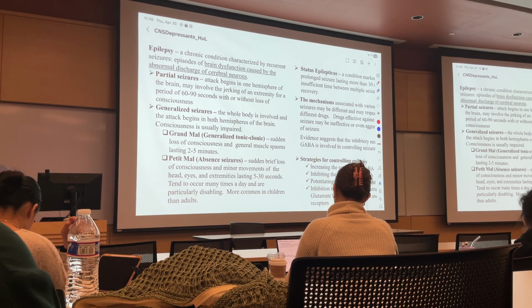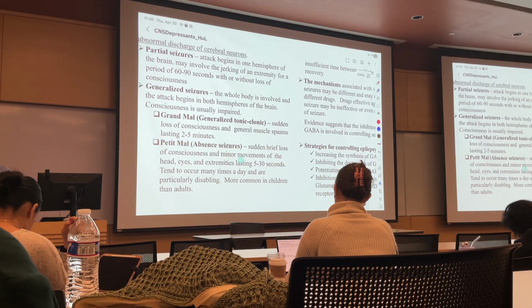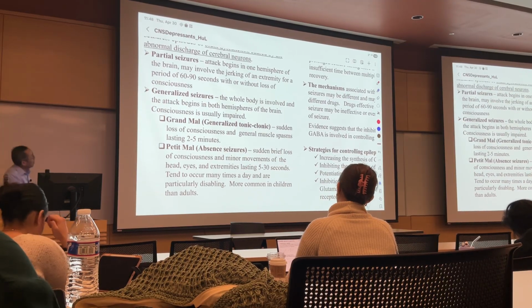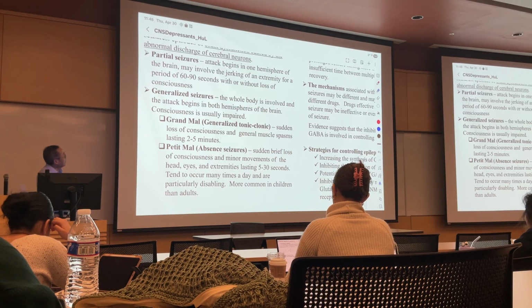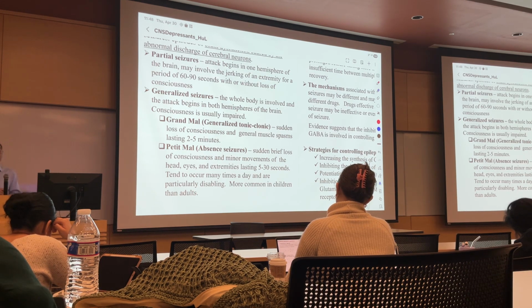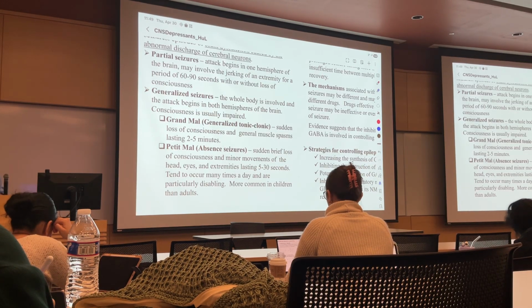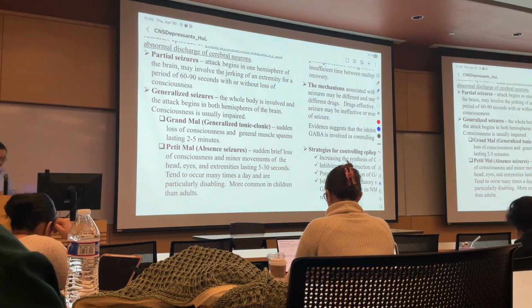So that controls one side of the brain. And the seizure usually lasts about a minute to a minute and a half. So we're talking about 60 to 90 seconds. And patients may or may not lose consciousness during this process, right? So this is for partial seizures. It originated from one side of the brain.